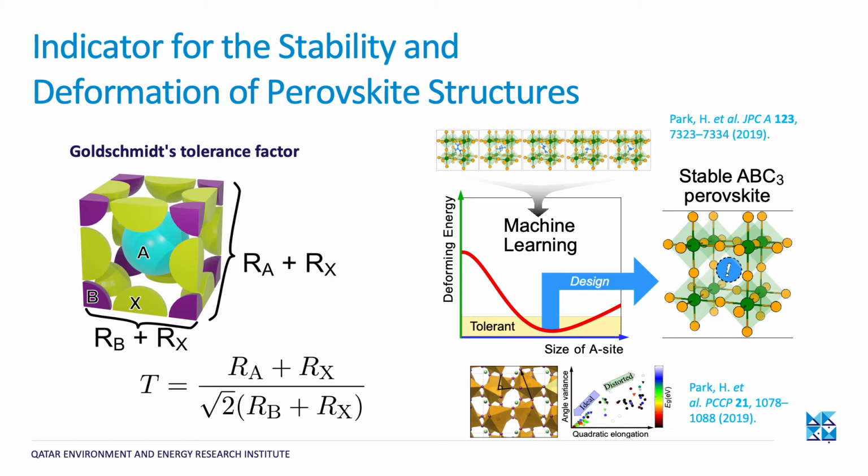Looking into these properties, we built a machine learning predictor to provide the energy difference between the cubic and ground state structure. This approach is along the same idea as Goldschmidt's tolerance factor, only the aspect moves from structural fit to energy. Therefore, this enables us to predict the more subtle variation in a cubic phase transition.